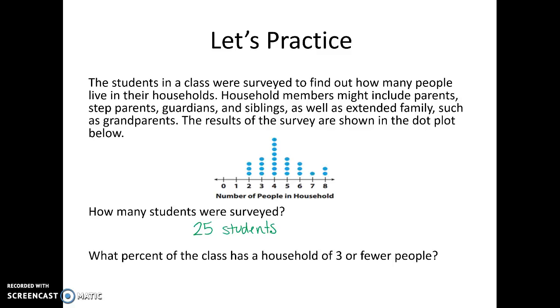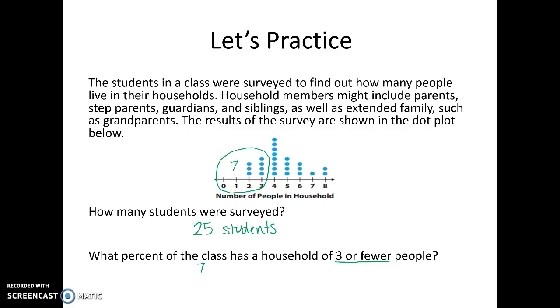So then it says, what percent of the class has a household of 3 or fewer people? So does it include 3? Yes, because it says 3 or fewer. So I'm going to look at everything at 3 or to the left of 3 and count those. So I have 1, 2, 3, 4, 5, 6, 7. So there's 7 people that have 3 or fewer.